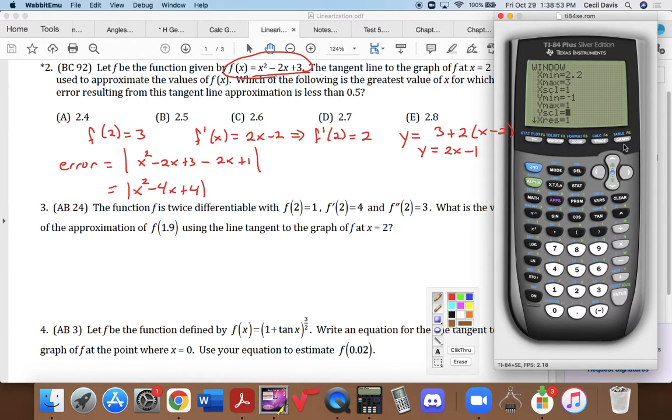Part of what you're expected to be able to do on the AP exam is graph things in a window that makes it easier for you. All right, so that's where they're equal to each other. And it would have been smarter, on my window, if I went 2.2 to 3, I probably should make my step 0.2.